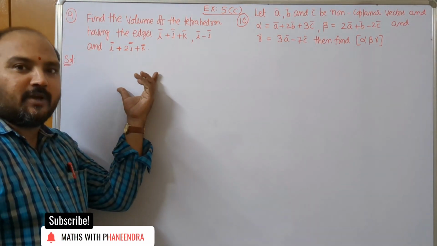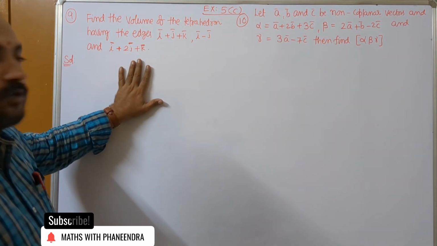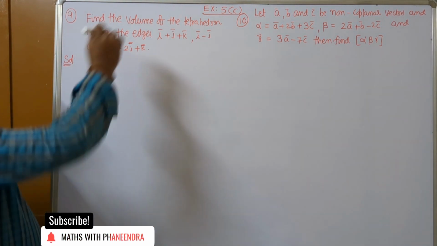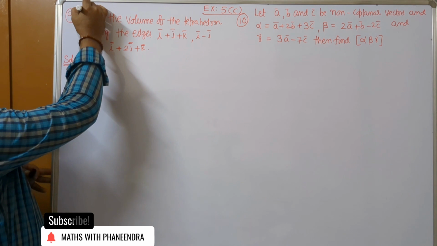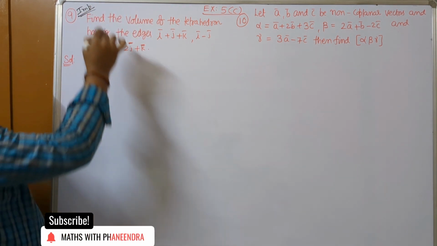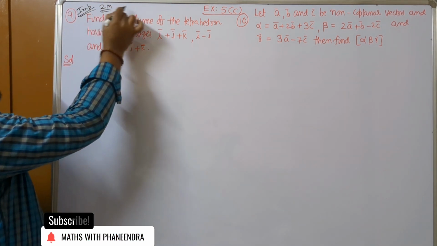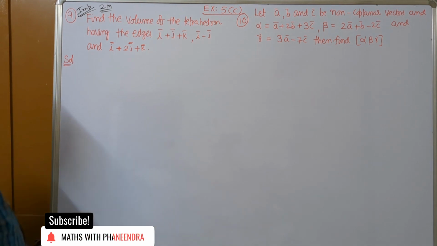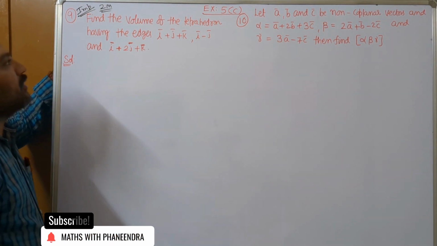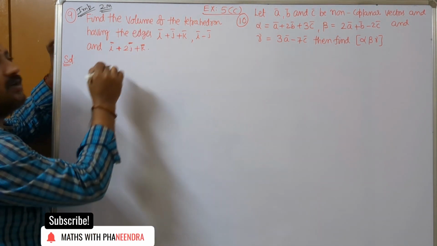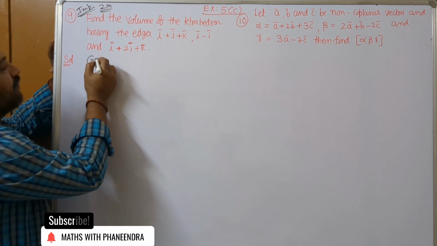This question number 9 is very important, dear students. A 2 marks question we may expect, it is very important. Either 2 or 4 marks, but generally 2 marks only they will ask. Find the volume of the tetrahedron having the given edges.